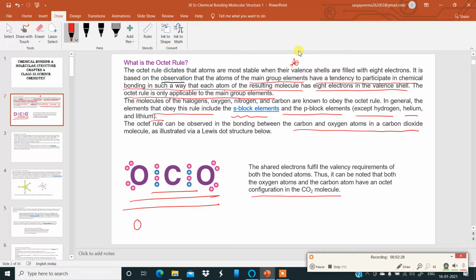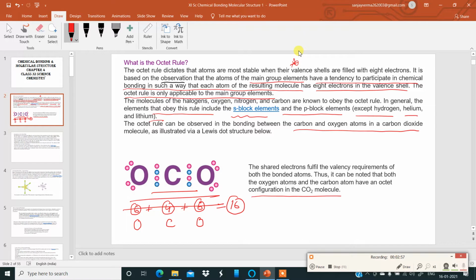Now here, oxygen has 6 electrons in its valence shell. Carbon has 4 electrons in its valence shell. Oxygen has again another 6 electrons in its valence shell. So if we add these electrons, 6 plus 4 plus 6, it comes to 16 electrons. Now these 16 electrons you must arrange in such a way that the octet of all these 3 elements is satisfied.